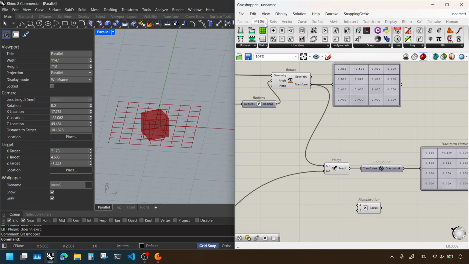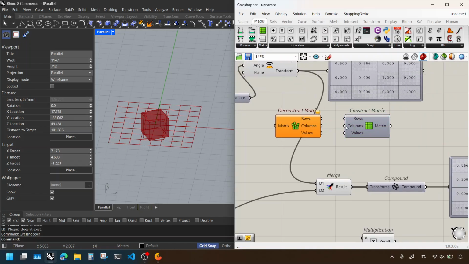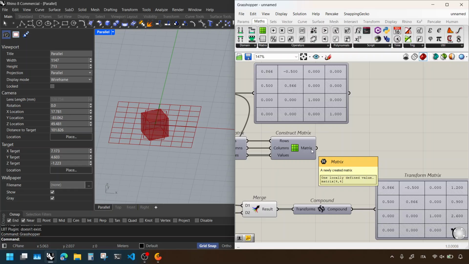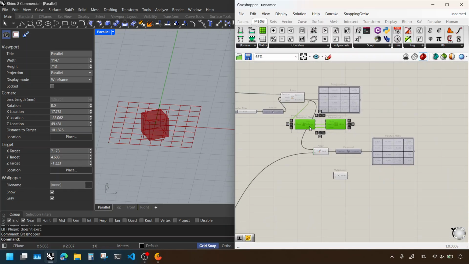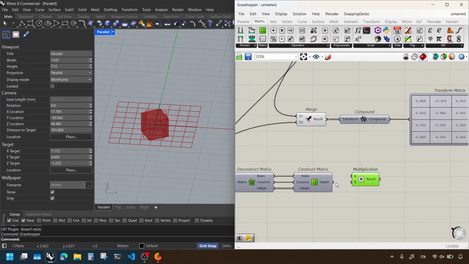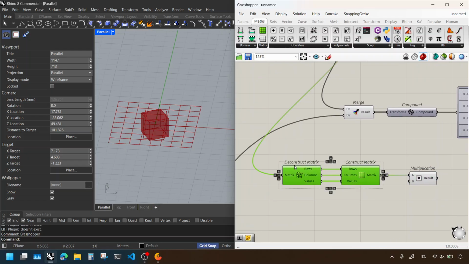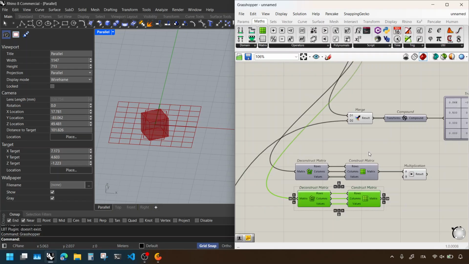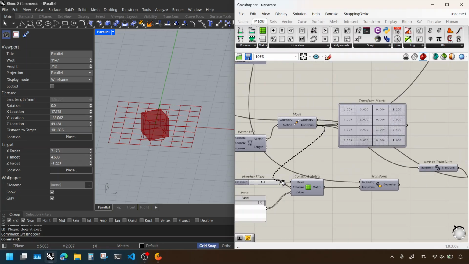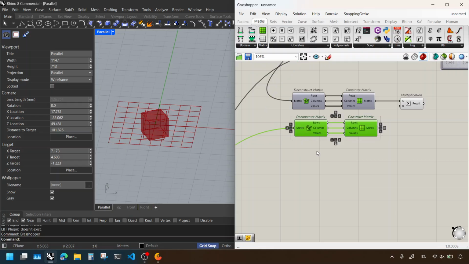So to do that, we go to maths, we go to deconstruct the matrix, and then we reconstruct it again. So we will just take this, this, and this, deconstruct this matrix and build it again. So now we have the same matrix, but written as a matrix instead of a transformation. It's really the same. And we drop it in here, and then we do the same with the other matrix for the translation. Let's put it there, okay.